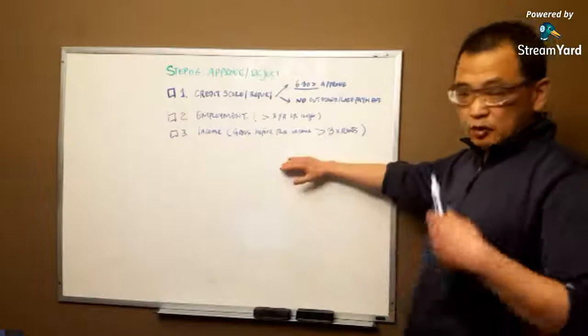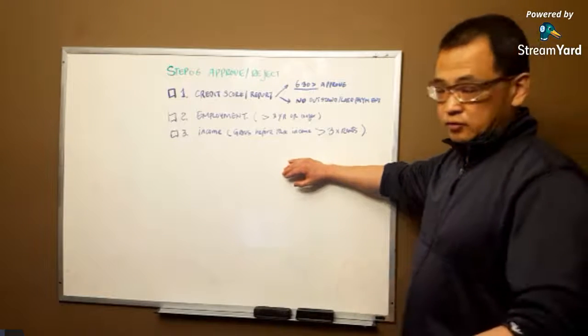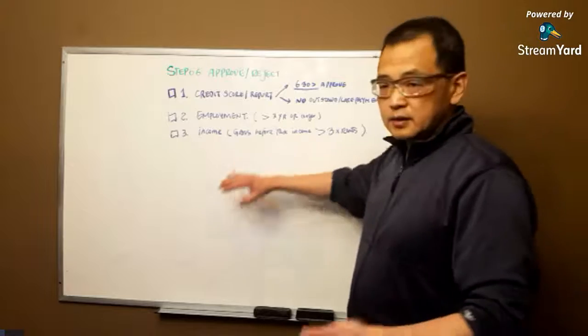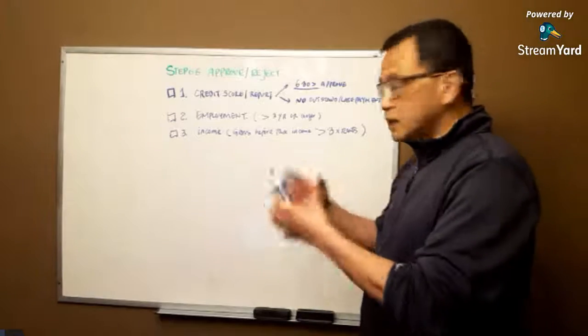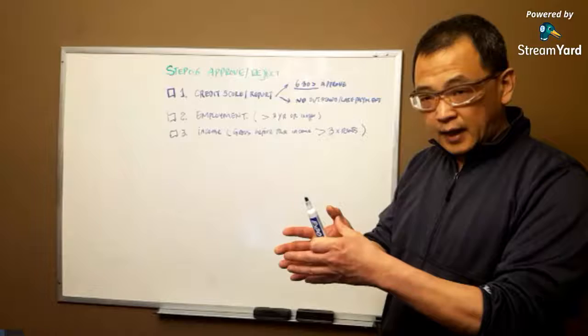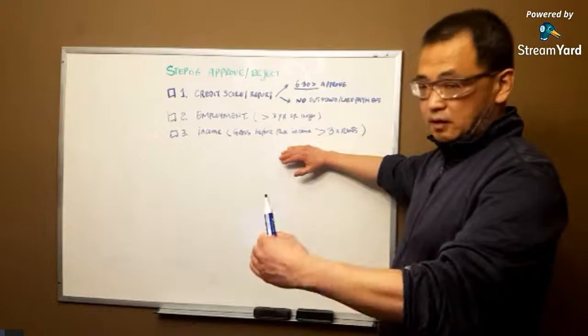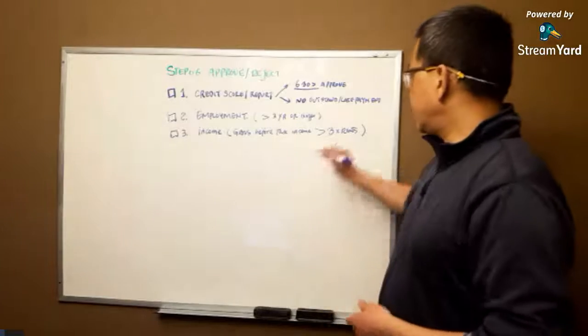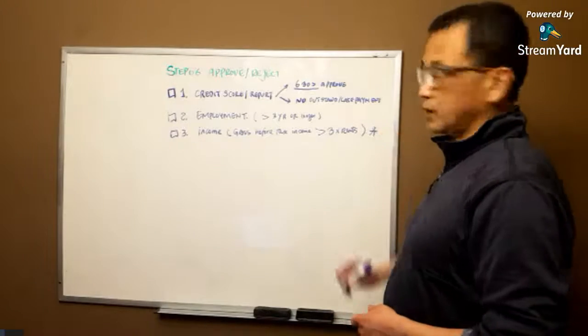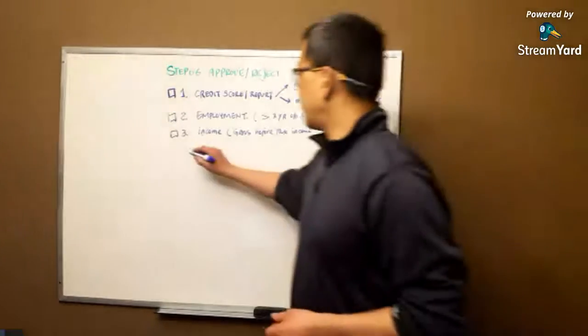For example, if your rent is $2,000, then their gross income before tax combined should be $6,000 or more. And that is very important to check.